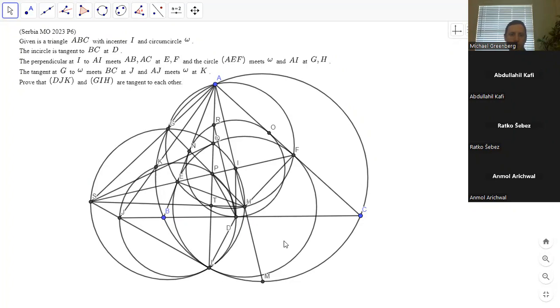We have a couple of harmonic quadrilaterals. Yeah, T is the midpoint of QL. We have a lot of information here.